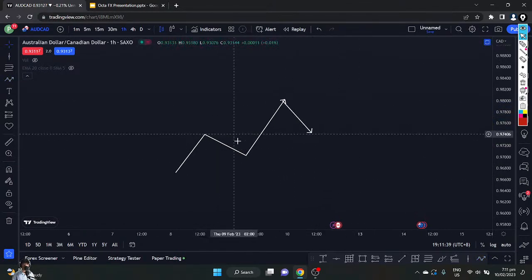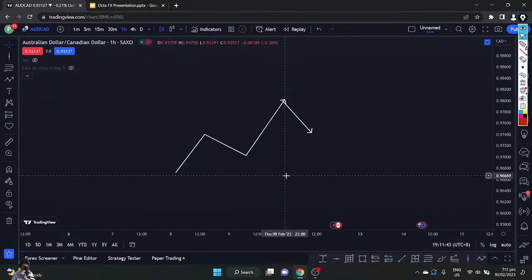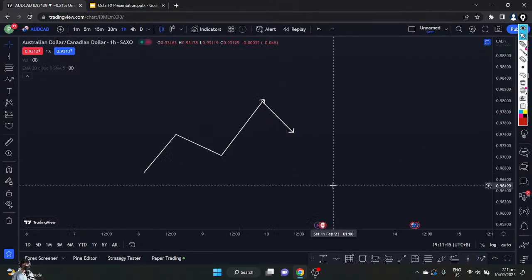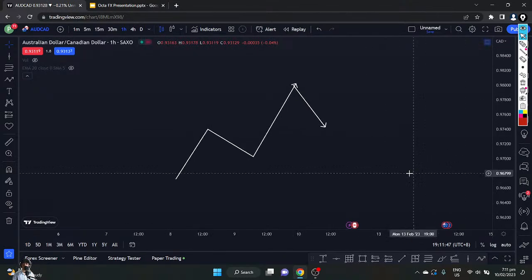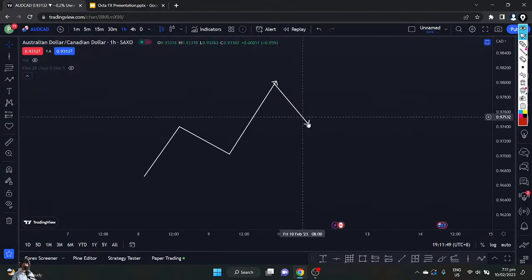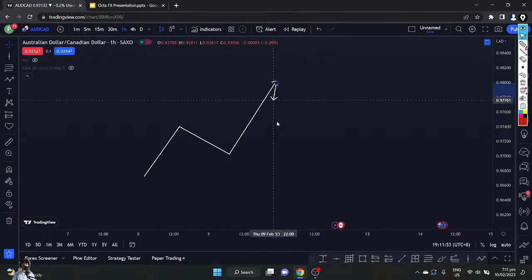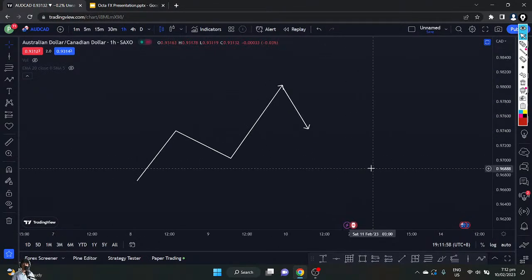So if the market structure is like this, we know that this is an uptrend, right? But there are some traders who are looking to ride this mean reversion, which is the pullback. They are trying to ride this move to the downside. If you want to trade like those traders, that's fine. That's a doable strategy as well.